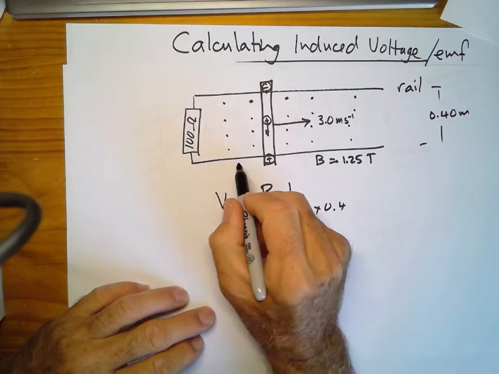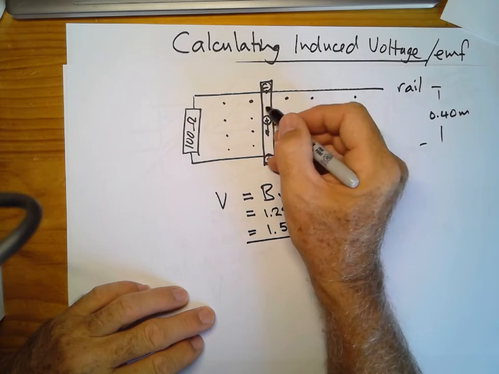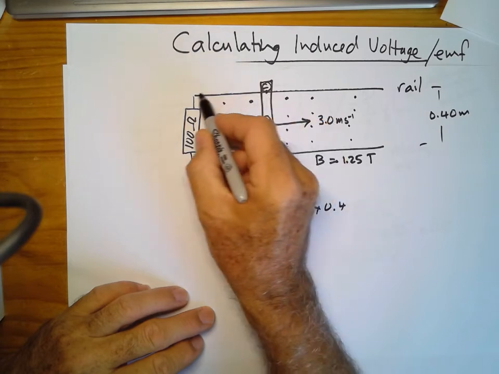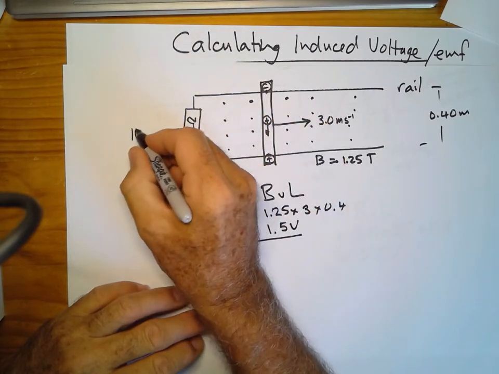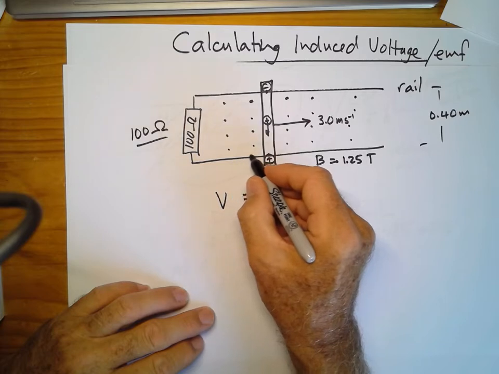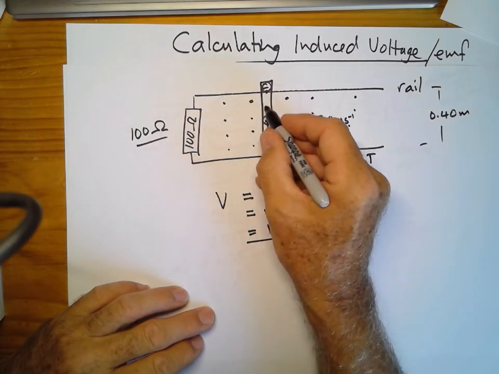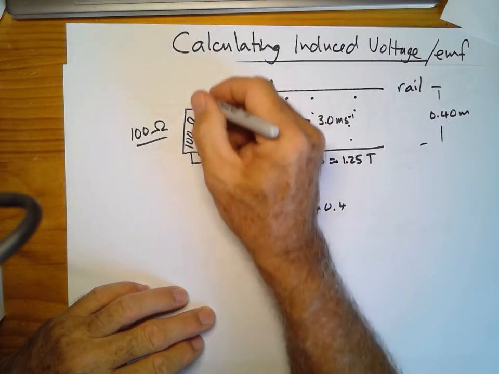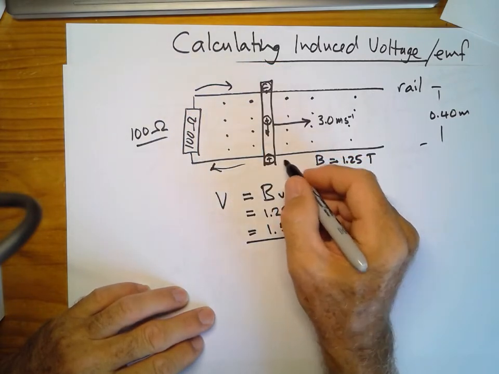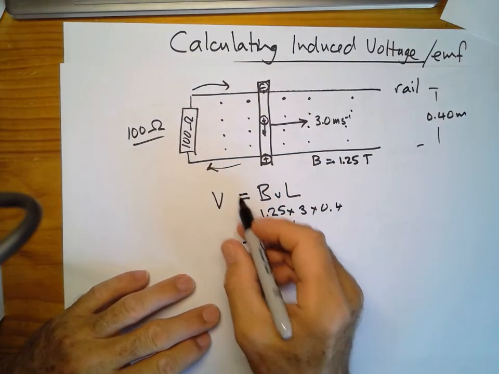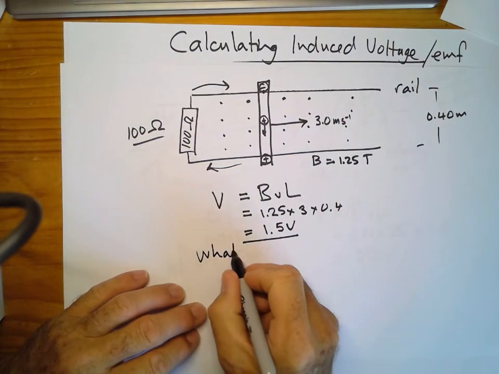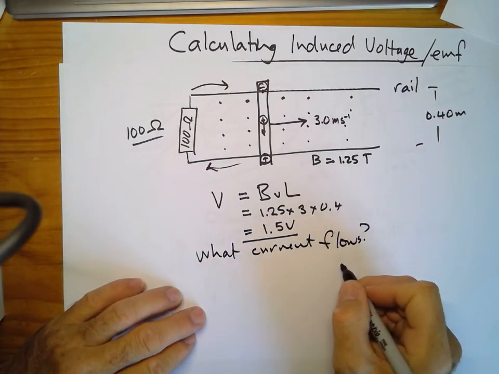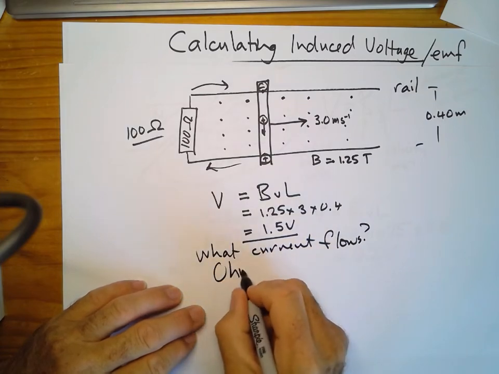In this situation, we've now got a complete circuit, because this is a conducting rail through this 100 ohm resistor, and again back through this rail through this cable. So we've got a conventional current moving in this direction, conventional current moving in that direction, and we must find what is the current that flows? What current flows through this circuit? In which case we use Ohm's law.